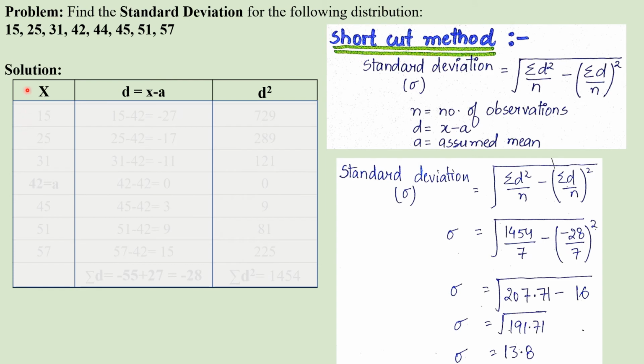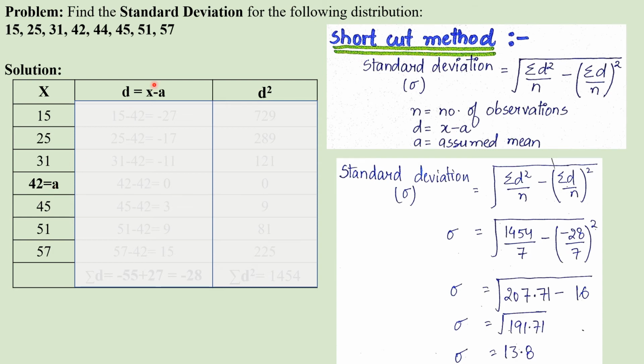Now write down the value of x in the first column. Now select any value from the x as a, or assumed mean. Here I am selecting 42 as the assumed mean. You can take any value from the x as a.